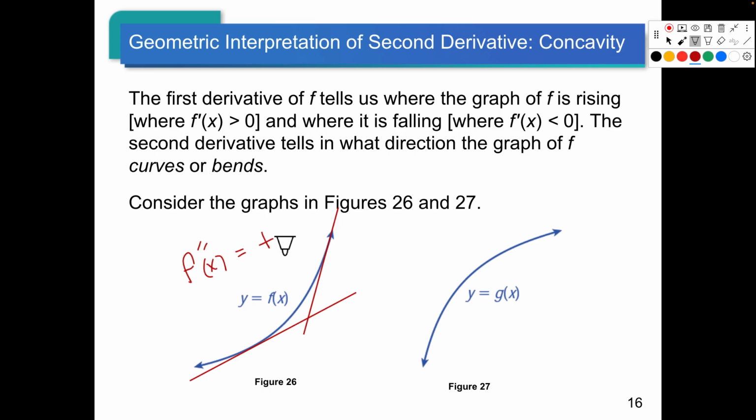Does that make sense? Because as the slope of the tangent line gets bigger, a bigger number minus a smaller number will always be positive. Over here for g of x, the opposite is happening. We could draw a tangent line down here. It's about that steep, but by the time I get up here, it's less steep, right? Those tangent lines would give a smaller value.